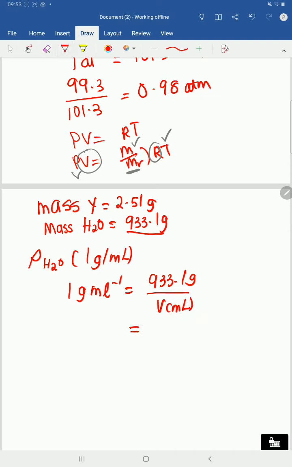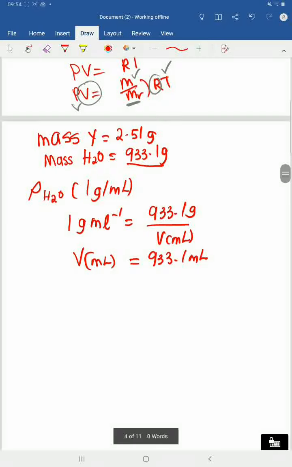Rearranging, you will get V to be 93.1 milliliter. To use this volume in the formula, you need to convert it into liters by dividing by 1,000, and you will get 0.9331 liter. Now we already have all the information needed to calculate the molecular mass.